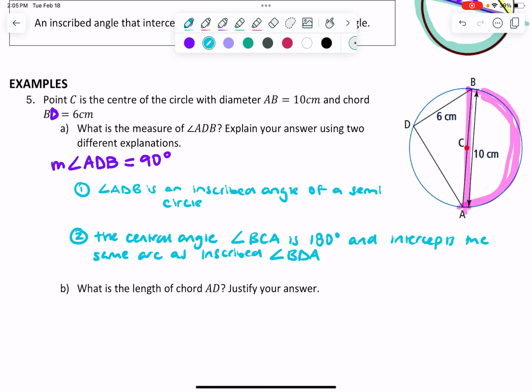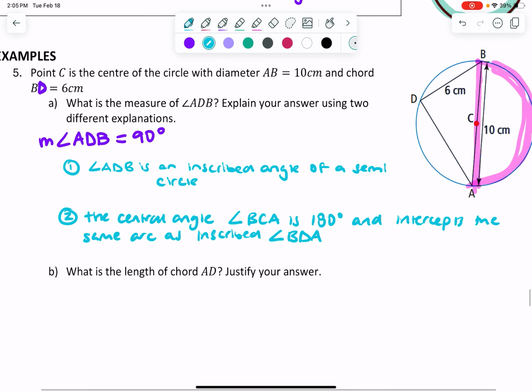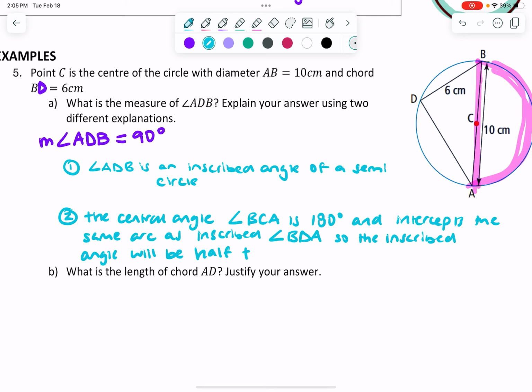The order doesn't matter. So the inscribed angle will be half the size. All right, so we've got two ways to indicate that.